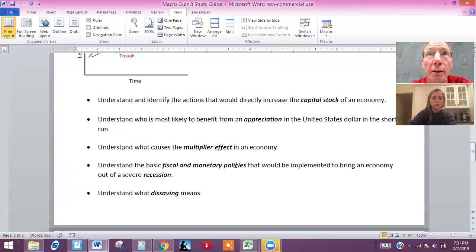So that would be government spending. That would be decreasing taxes, bringing taxes lower so people have more disposable income. Monetary policy to fight a recession would be putting more money into the money supply.